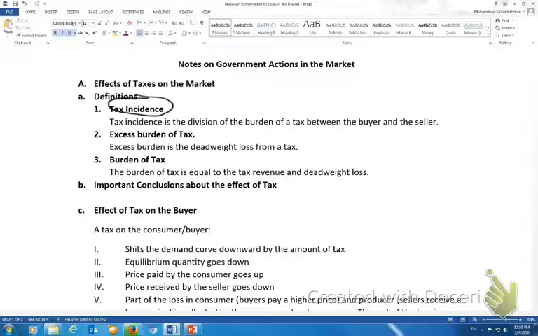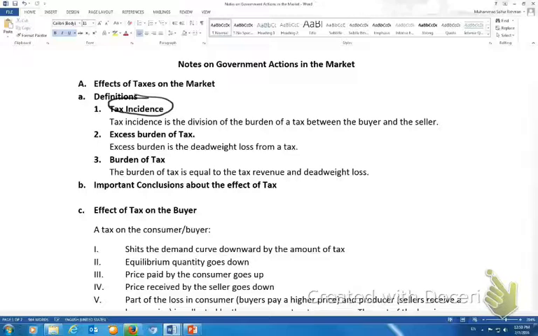So excess burden really keeps track of the inefficiency created by tax policies, and most of that inefficiency is going to be in the form of deadweight loss. There is another additional interesting component of the effect of tax, in the form of government tax revenue.